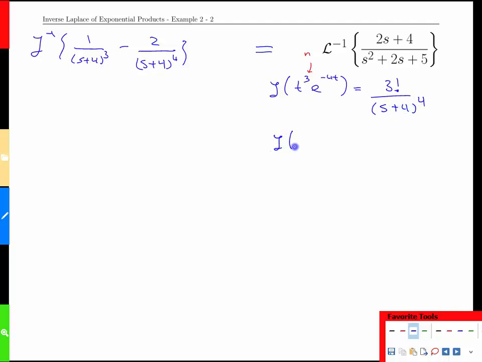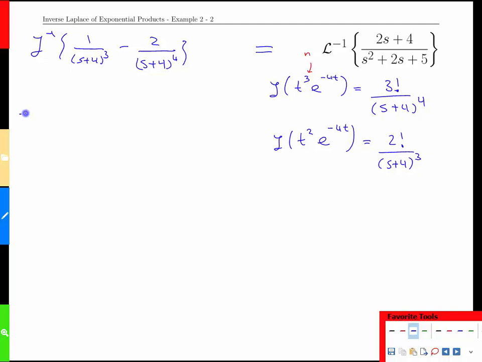And likewise, if we were asked the transform of t squared e to the negative 4t, we would end up with 2 factorial over s plus 4, because of the exponential multiplier, and it would be cubed. And lo and behold, that's the form of what we have here.